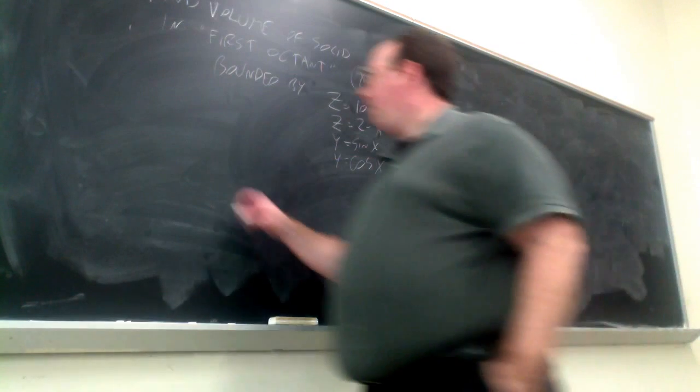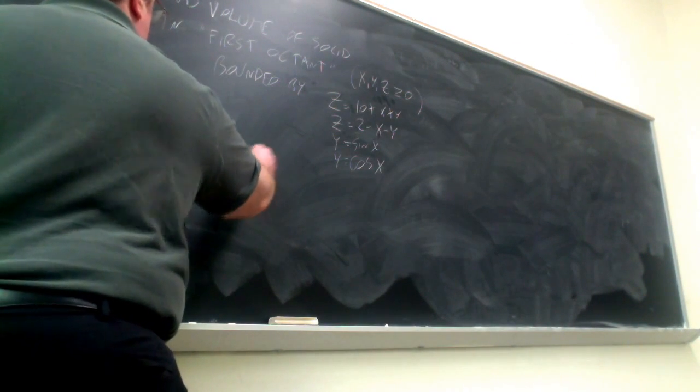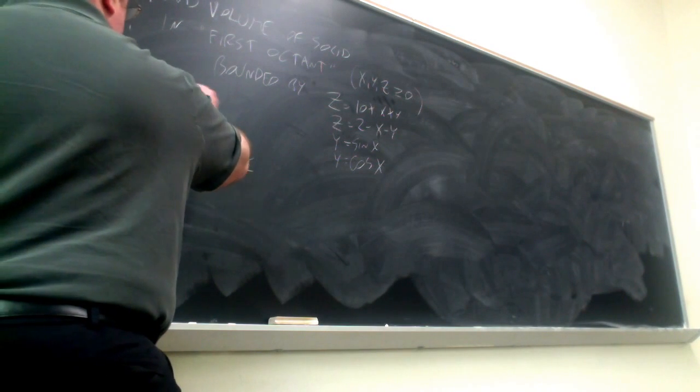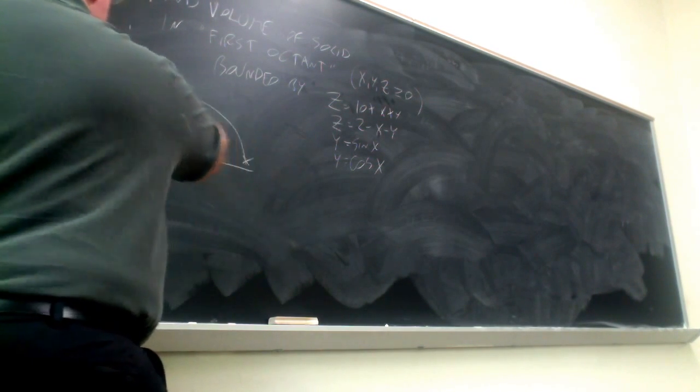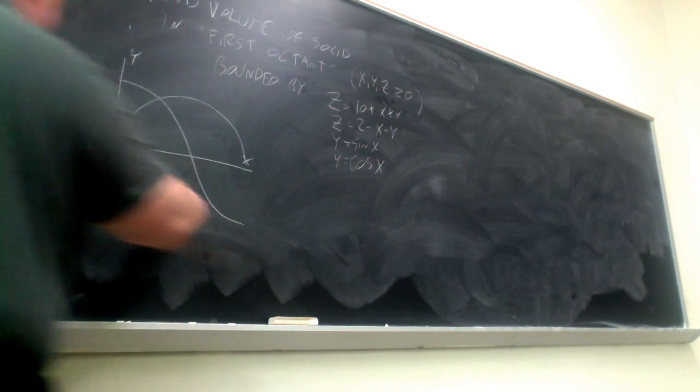Okay, so if we want to try to visualize what the base of this solid would look like, if we just visualize an x and y, we're bounded by y equals sine x, which looks like this, and y equals cosine x, which looks like this.